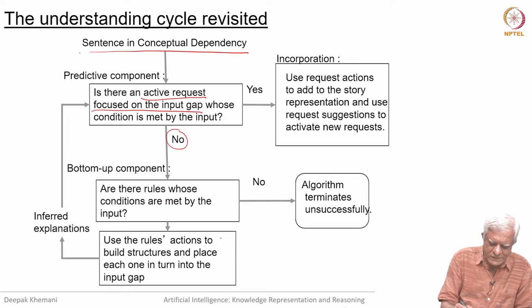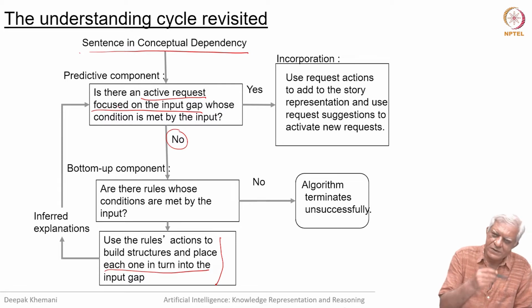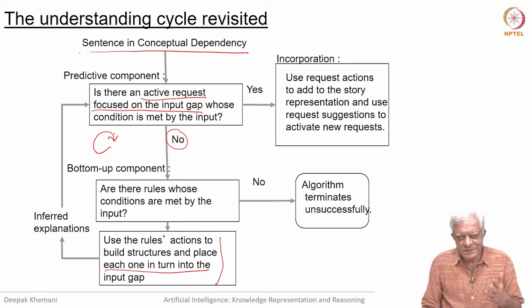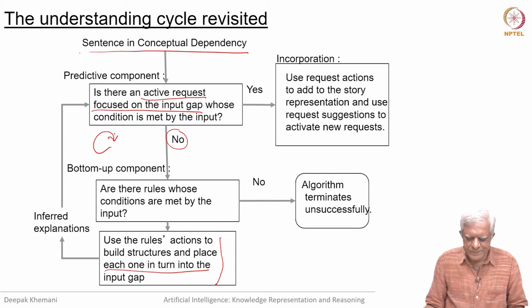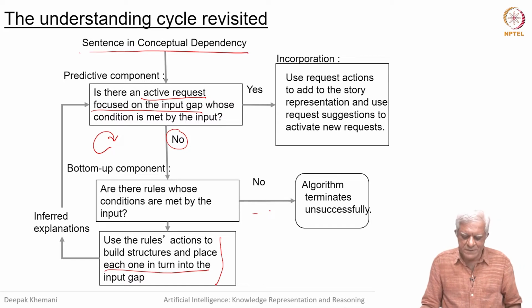Use the rules' actions to build structures and place each one in turn into the input gap, go back to the predictive mode and keep going through this cycle till a prediction is met. If it cannot do this bottom up thing, it may fail to understand the story and that is when the algorithm terminates unsuccessfully.